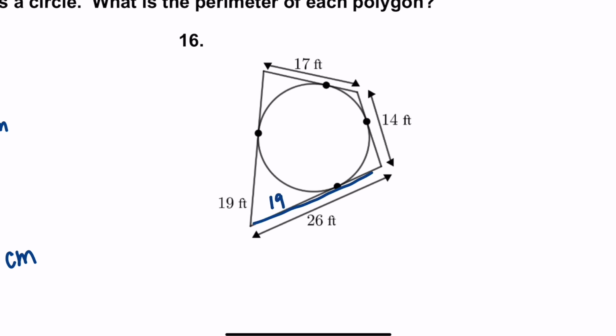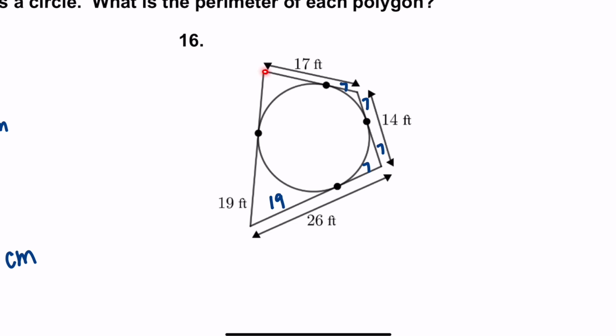This whole length is 26. If this piece is 19, I have 7 units left for this piece, and 7 units left for this piece. And then this whole length is 14. If this is 7, this little piece is also 7. We have 7 here.